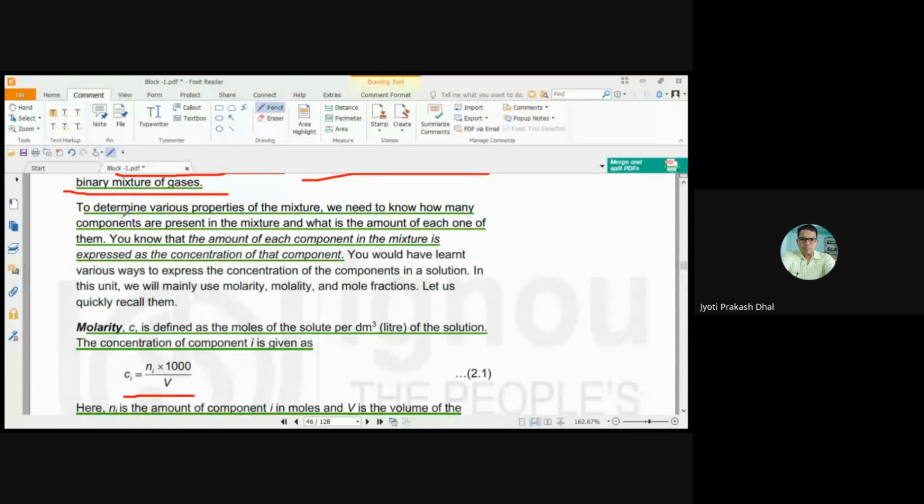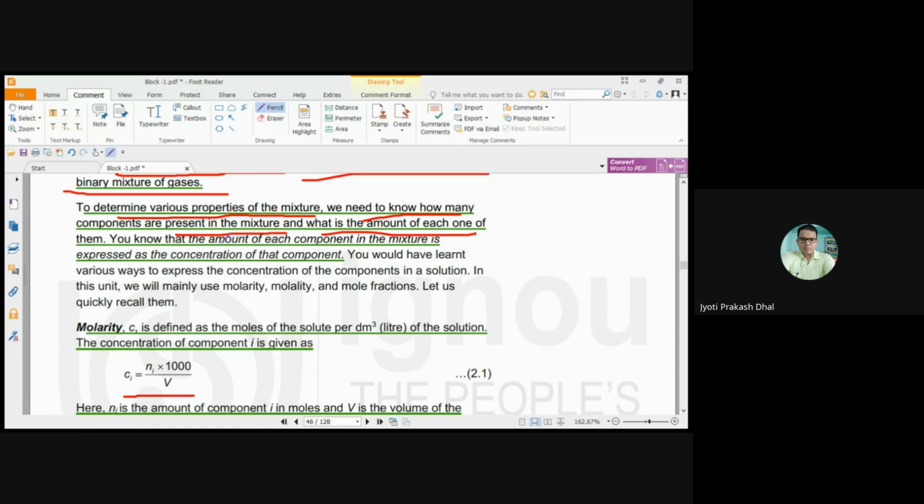Now, to determine the various properties of the mixture, we need to know how many components are present in the mixture and the amount of each component. The amount of each component means we should know the concentration of each component in the solution.